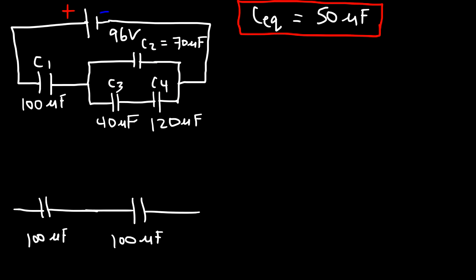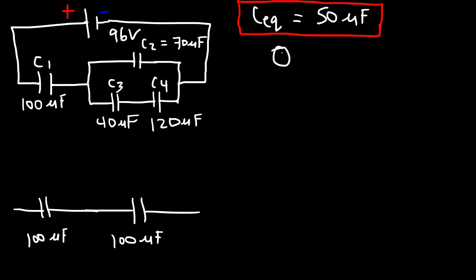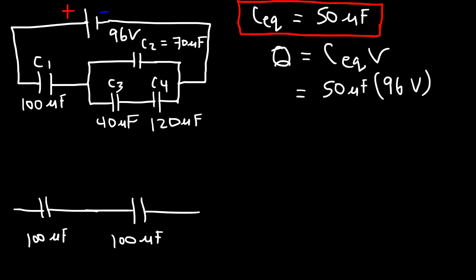Now let's calculate the charge on this capacitor and the equivalent capacitance of this network, which is that value. Now keep in mind the charge for two capacitors in series will be the same. So Q is going to equal CV. So it's the equivalent capacitance of 50 microfarads times the voltage of the entire circuit, and that's 96 volts.